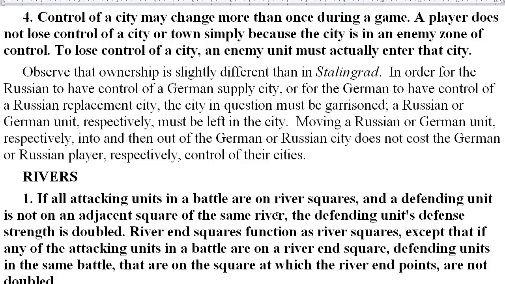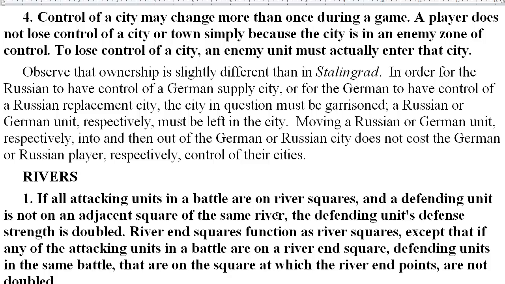There are river squares. The rules here specify how river squares work. They work exactly the same as rivers in Stalingrad. If all of the attacking units are on river squares and the defender is on an adjoining square that is not a river square of the same river, meaning you're not attacking up or down river, the defending unit is doubled.